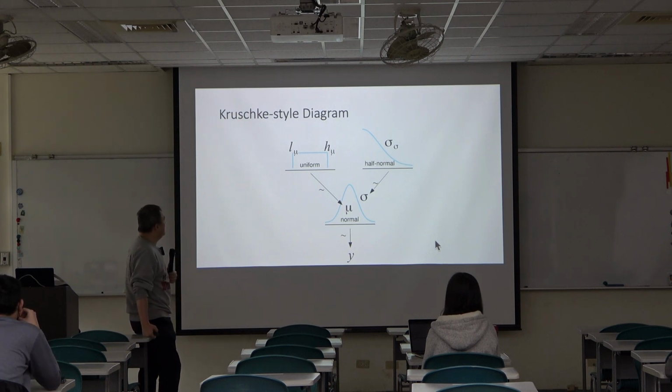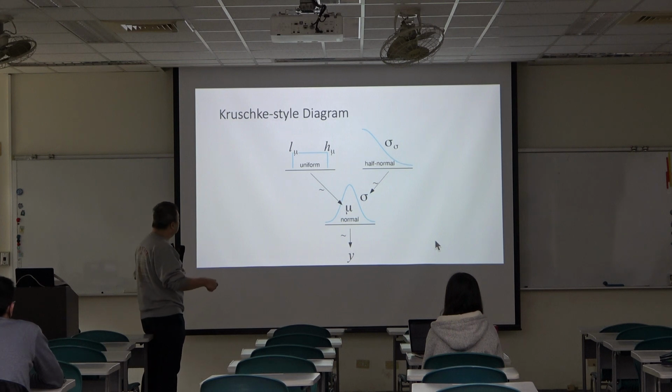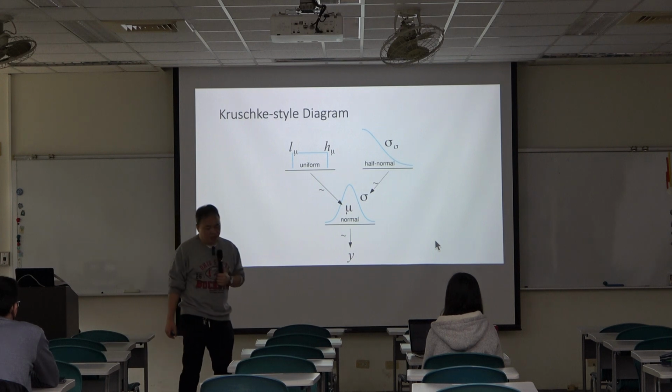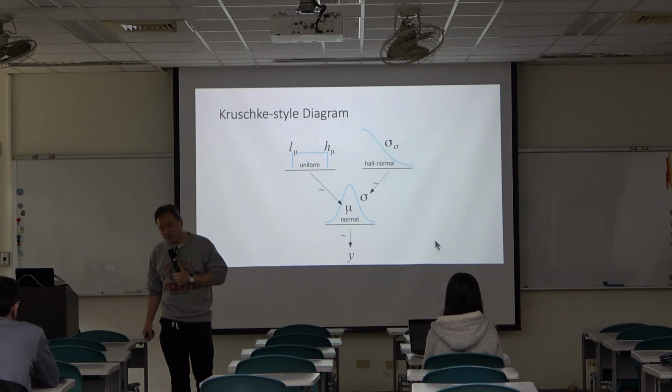One is the average, mu, the mean. The other is the standard deviation, sigma. We model the mean with a uniform distribution, and for sigma, we use a half normal, because sigma is always positive.